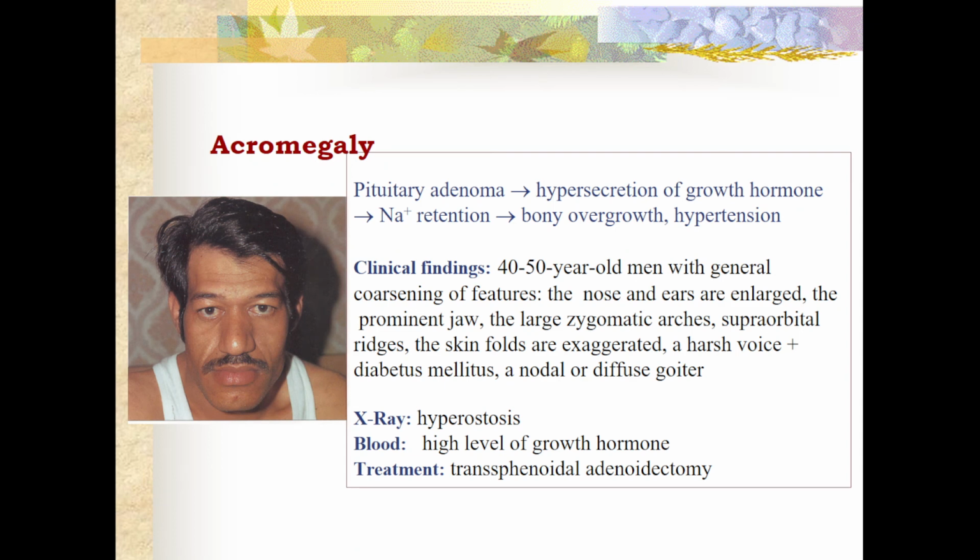Usually acromegaly affects 40 to 50-year-old men with general coarsening of features. The nose and ears are enlarged. The jaw is prominent, with large zygomatic arches, supraorbital ridges, and exaggerated skin folds.